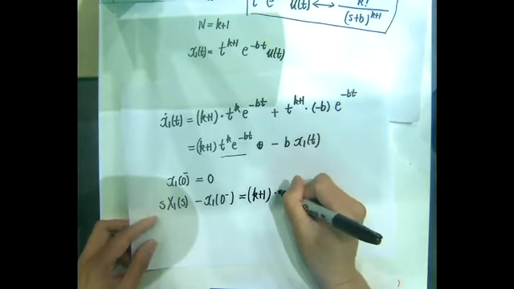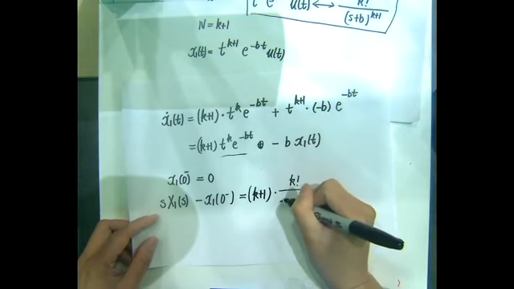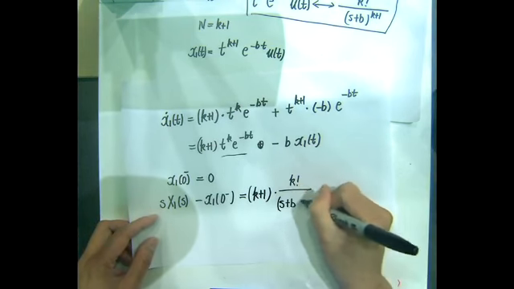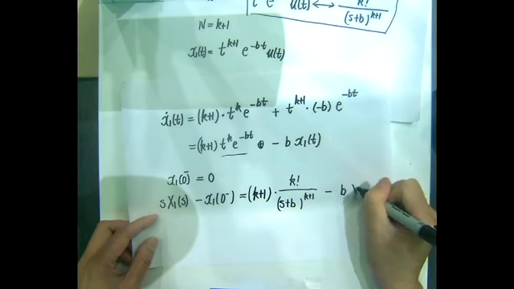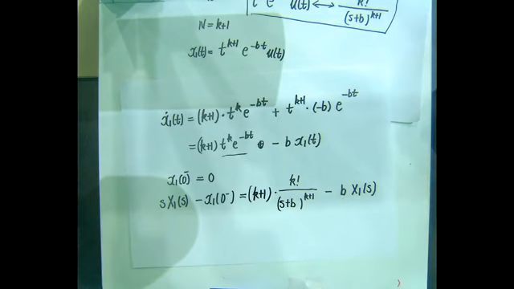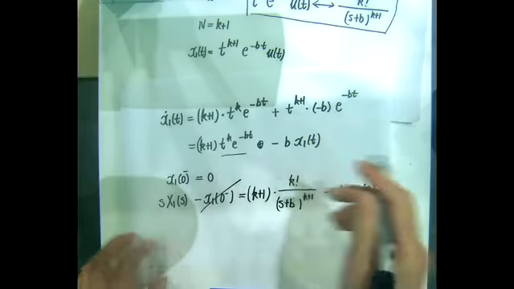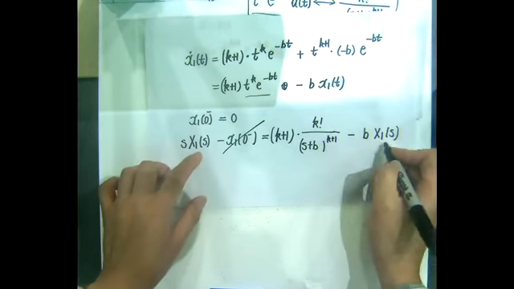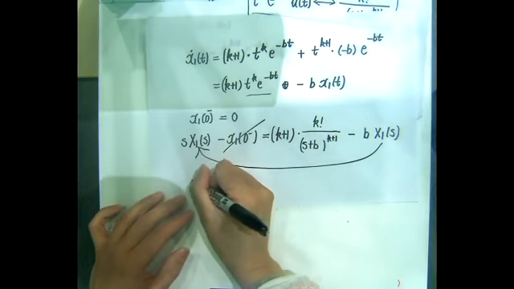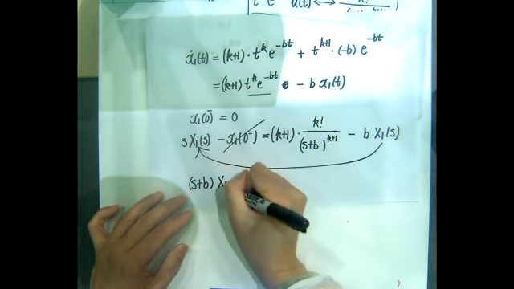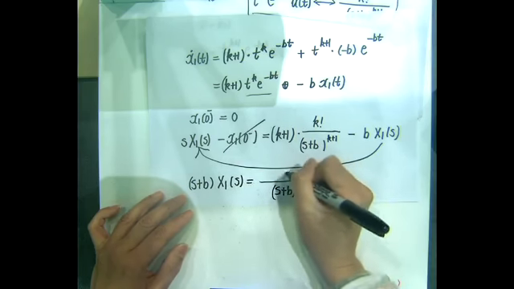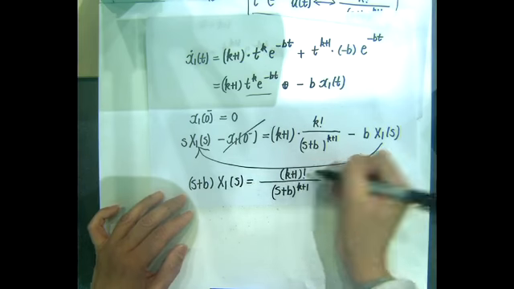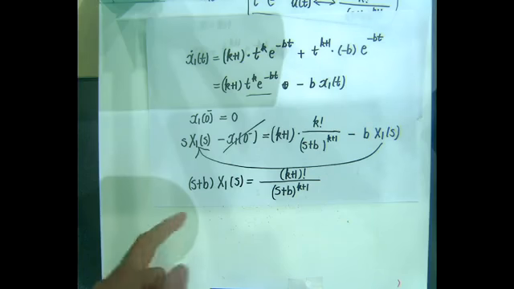This one will be k over (s+b) to the power k plus 1, and then this part will be minus b X1(s). And this part is 0. I will shift this part back, and I will have (s+b) X1(s) equals (k+1) over (s+b)^k plus 1, this part. Am I correct? Then if you divide by s plus b, you prove everything.